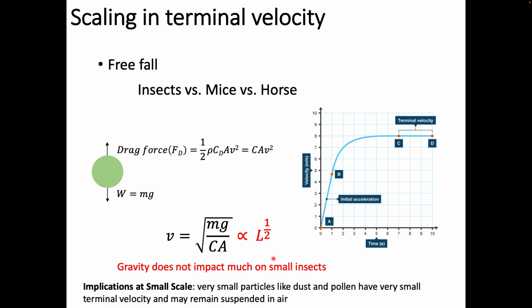But for large objects, because of the high terminal velocity, the damage is greater. The implication at small scale is that very small particles like dust and pollen have a very small terminal velocity, and sometimes they remain suspended in air. So depending on the size of an object, even terminal velocity is significantly affected.